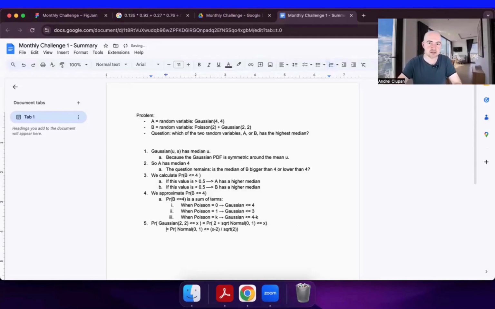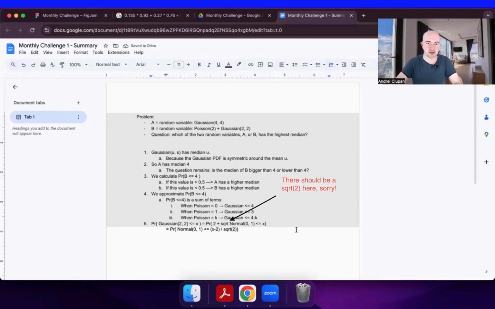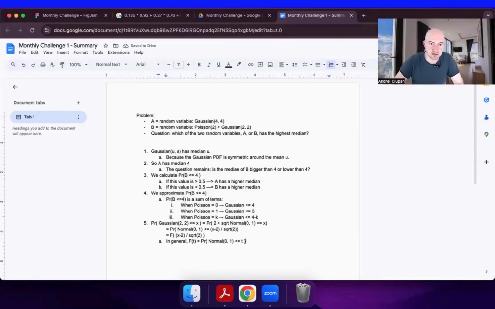Which is just equal to F of x minus 2 divided by square root of 2, where in general F of t is the probability that the normal 0, 1 is less than or equal to t. Super.